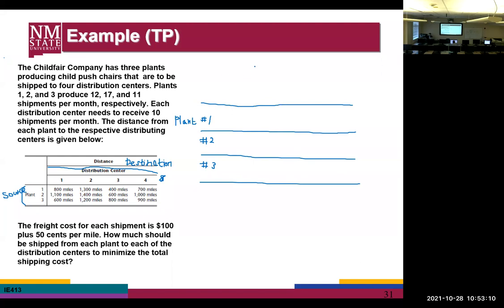Distribution center. Maybe just abbreviate distribution center to DC. Okay, DC. Okay, thank you. 1, 2, 4.